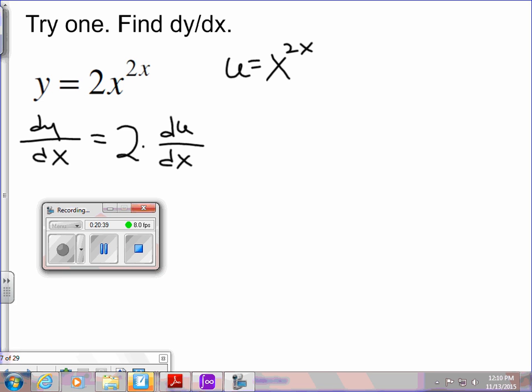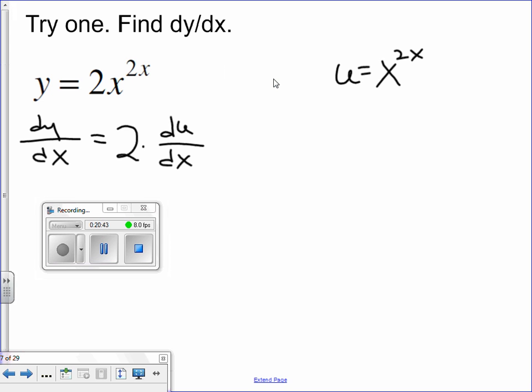All right, so we want to find u prime or du dx. We'll take the ln of both sides, right? So the ln of u, ln of x to the 2x, but we're going to bring down the exponent. So it's a product. We'll take the derivative of both sides. What are we going to get on the left? U prime over u.